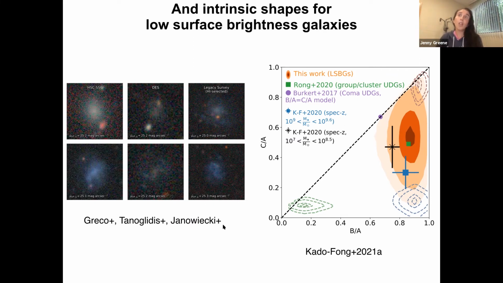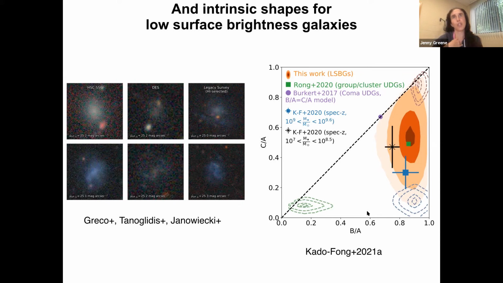And so in all of those cases, to the best of our ability to match in mass, we find that the low surface brightness galaxies are puffier than the high surface brightness dwarfs, almost as if we see the stellar halo only and no disk. And that's true even for the gas rich ones.